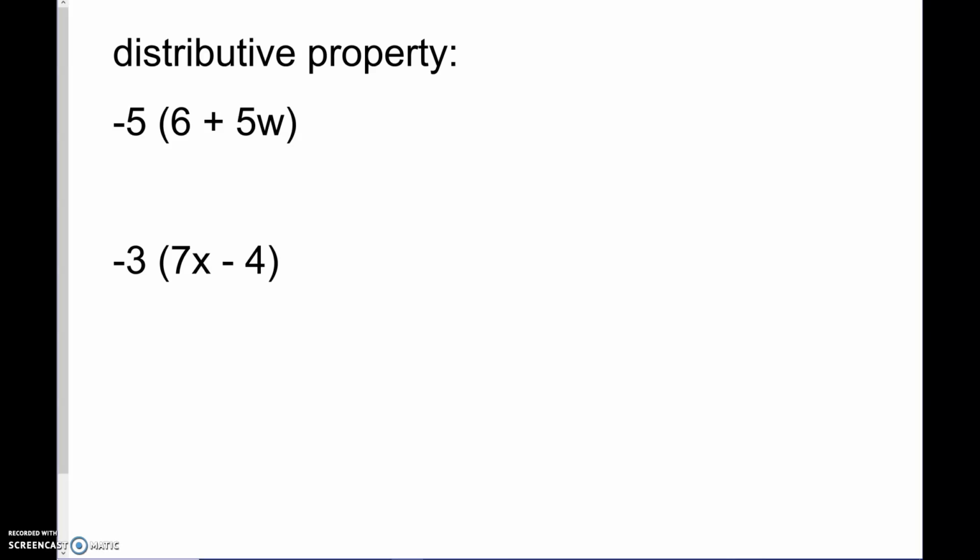All right, the next thing that we're going to review is the distributive property. So remember, we have to take -5 times 6, and we get a -30, and -5 times 5w to get a -25w.